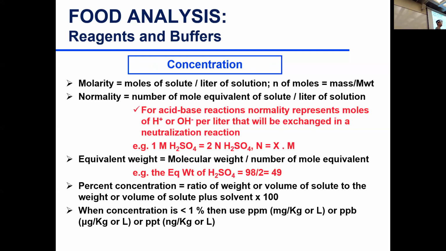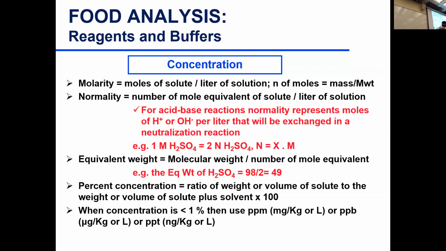Normality is another form of concentration, which is basically the number of moles equivalent of a solute. What does the number of moles equivalent mean? So the moles that are being transferred within a reaction. So for example, in an acid-base reaction, there is H plus and OH minus that are participating in the reaction.